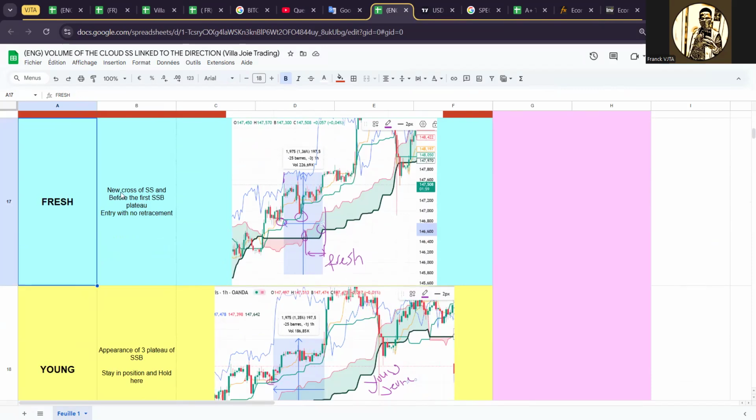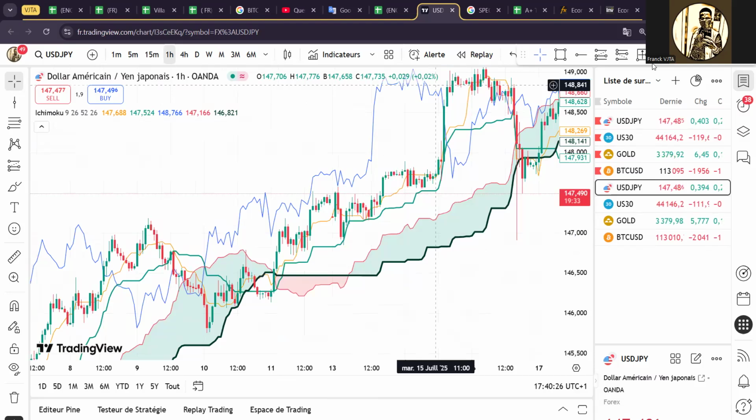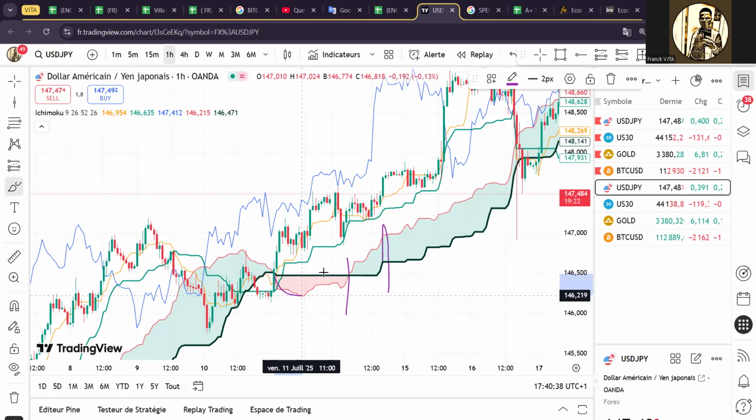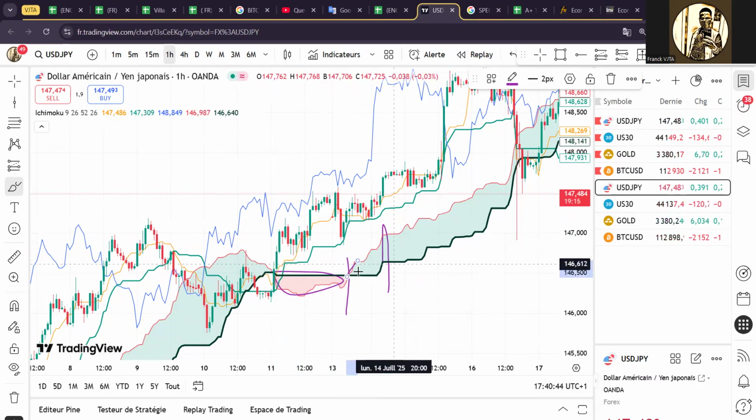The first speed is a fresh speed. The first speed is called fresh. It starts from the TK cross here till the first plateau of SSB. When the fufu has just finished being created, SSA goes above SSB, but SSB is still in plateau.